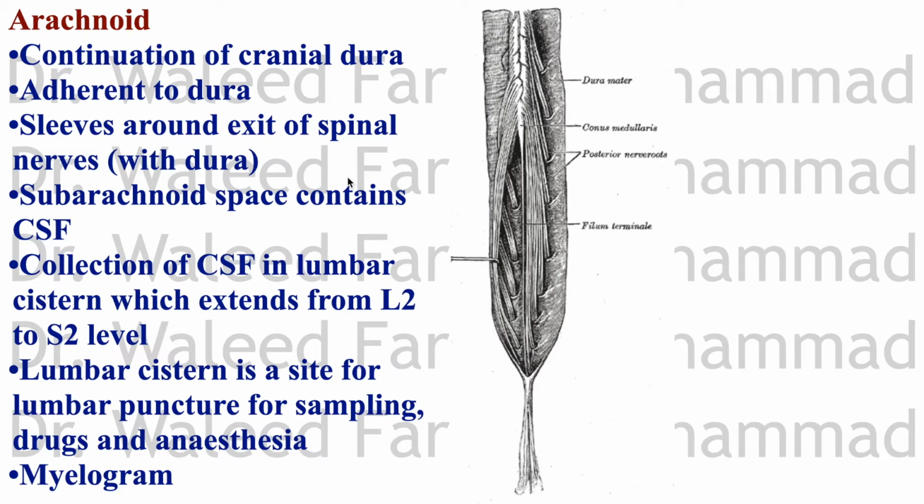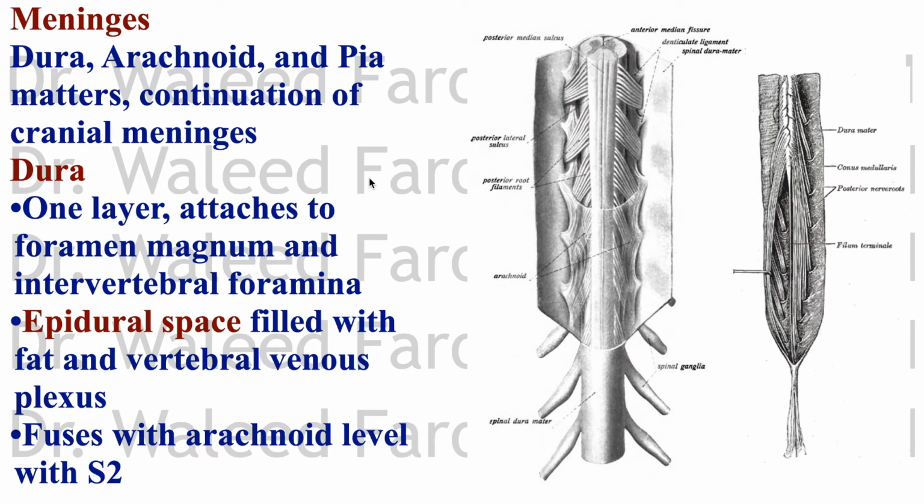The arachnoid goes with the continuation of the dura, and it's adherent to it, and sends sleeves around the exit of the spinal nerves. It's prominent here. You see the sleeves that the dura gives with the exit of the spinal nerves.